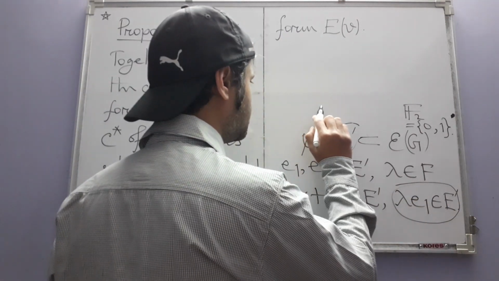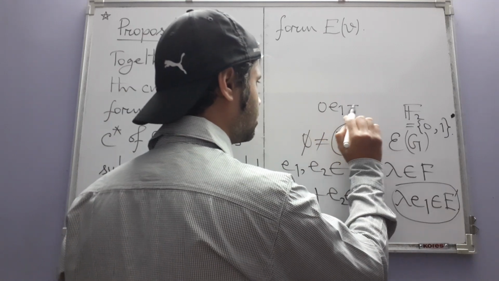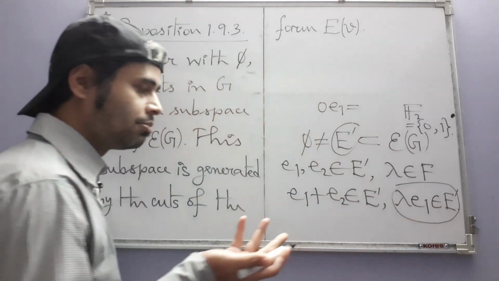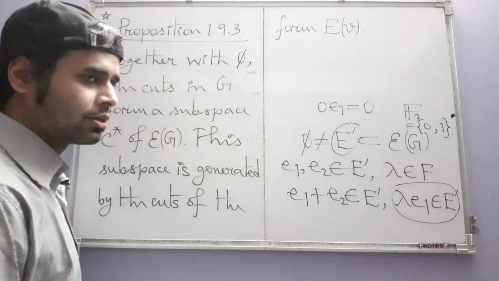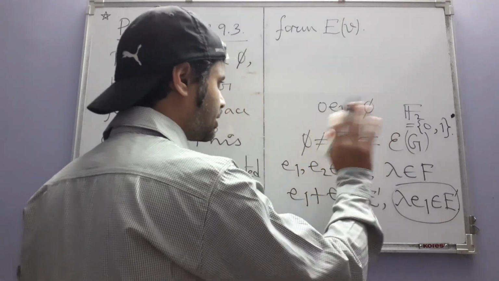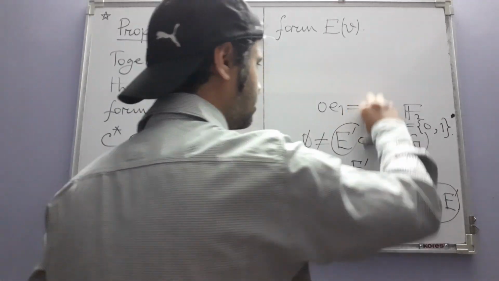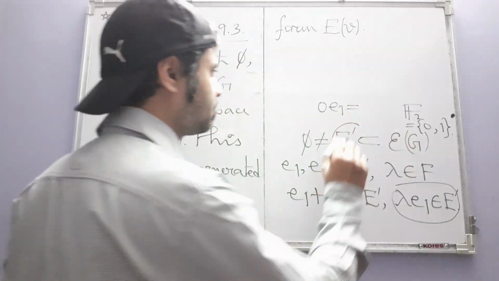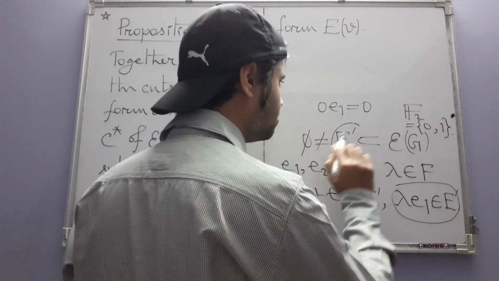That's because if we multiply a vector by 0, then from the elementary properties in any vector space, this is going to be the 0 vector. And our 0 vector actually is the empty set, but that's not the point here. So we are going to get the 0 vector, which anyway belongs to E prime. Why?